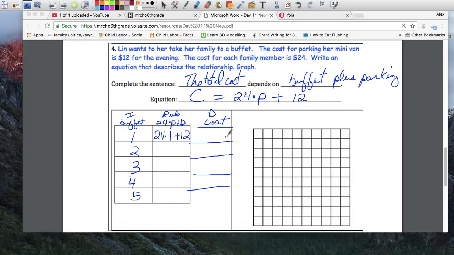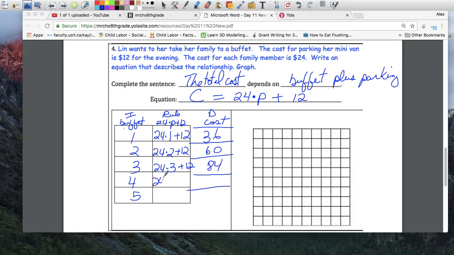So 24 times 1 is 24 plus 12 for the parking, 36. 2 people, 24 times 2 plus 12, which is 48, plus 12 is 60. 3 people, 24 times 3, right? Because every person is 24, which is 72, and then you add 12, you get 84.